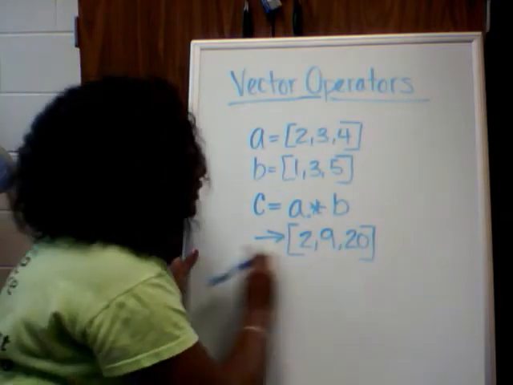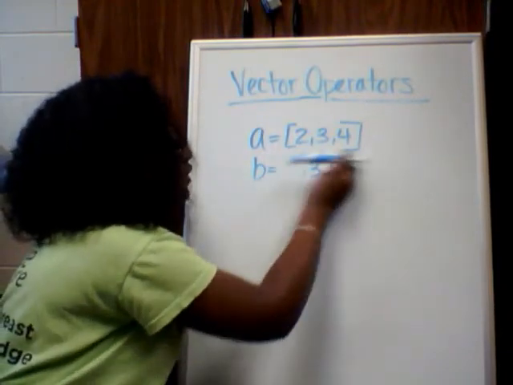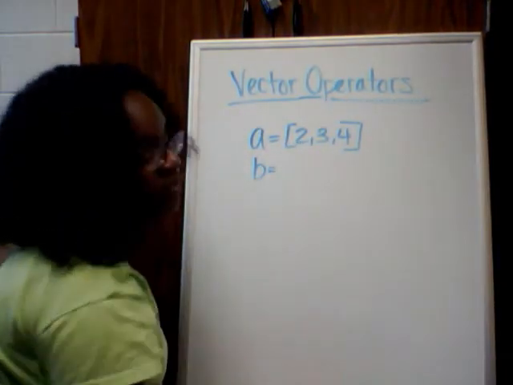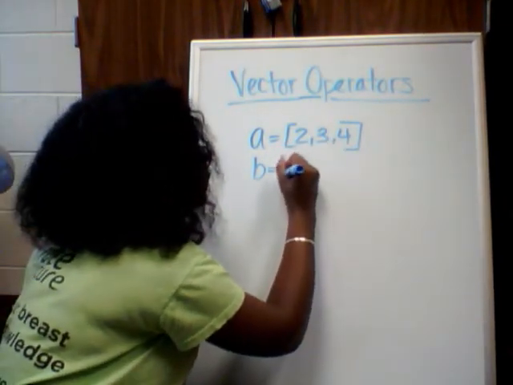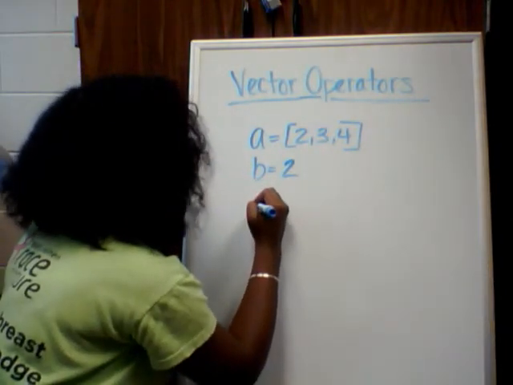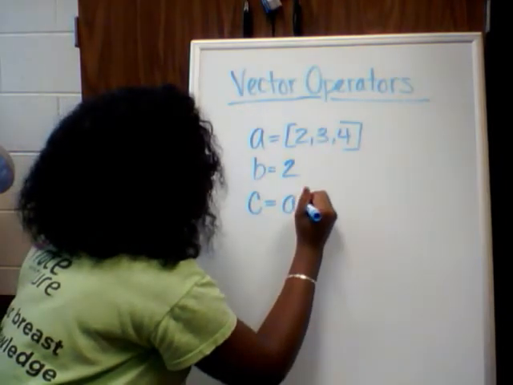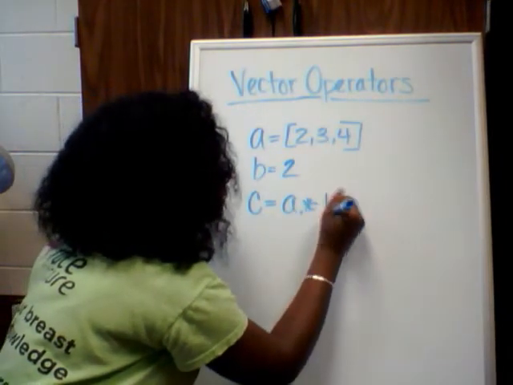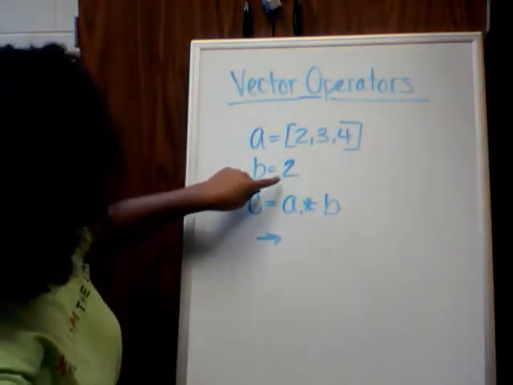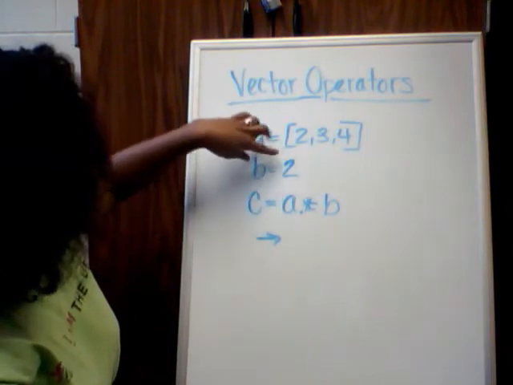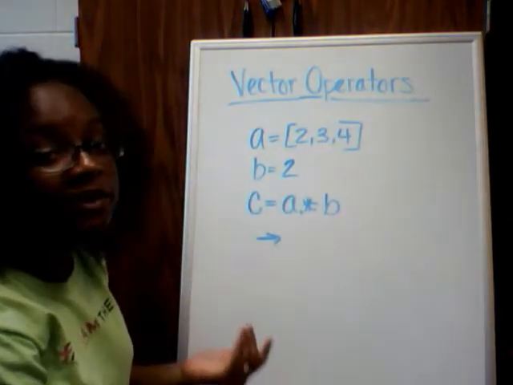Just like in addition and subtraction, you can also do the operators with a single value, a scalar. So if we kept A the same and made B equal to 2, and we wanted C to equal A times B, since 2 is a single value, it'll still multiply each element one by one, even in matrix math.